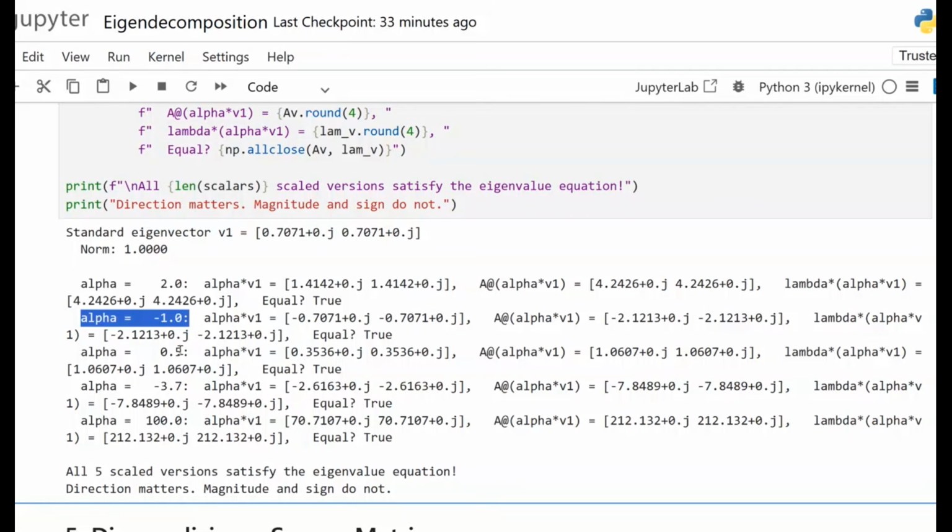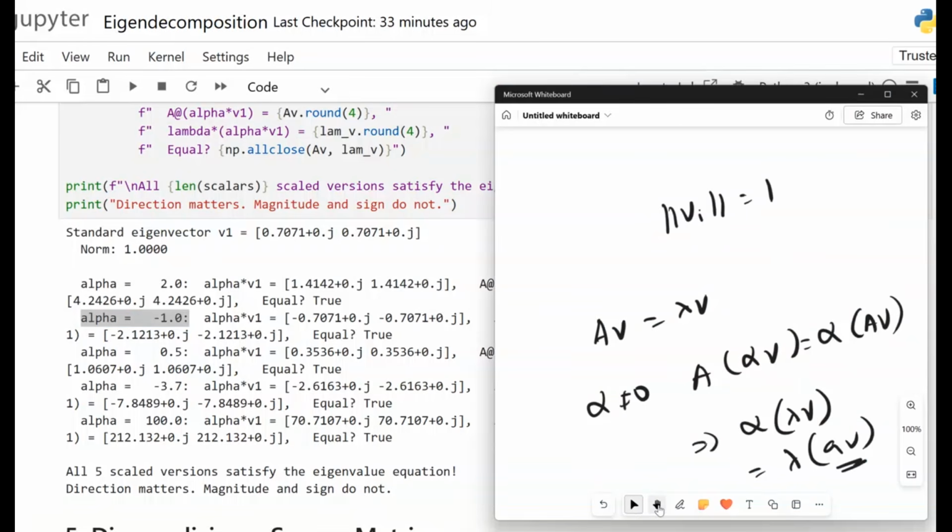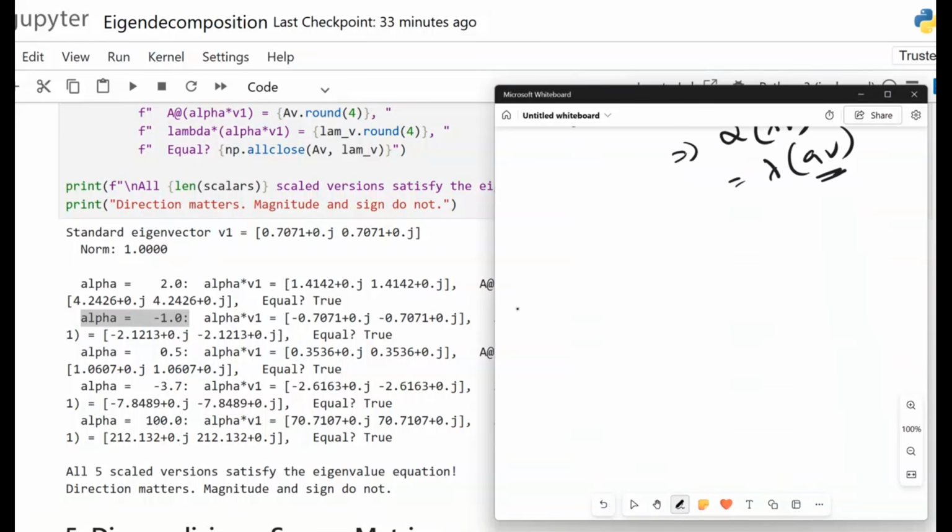And here the transformation A preserves the line and scales vectors along it. By this we are able to specify that the span of V is equal to alpha V where alpha belongs to R. And here normalization is used.